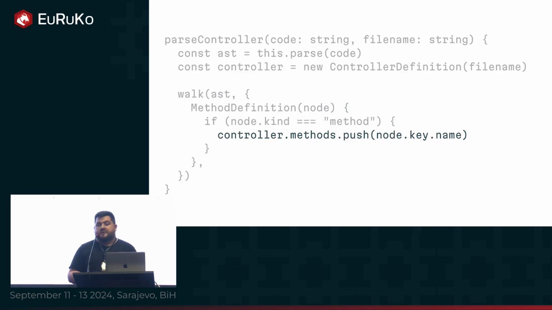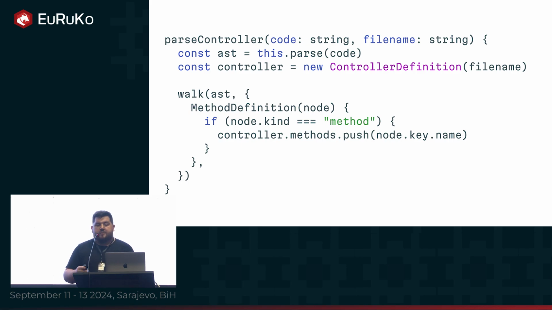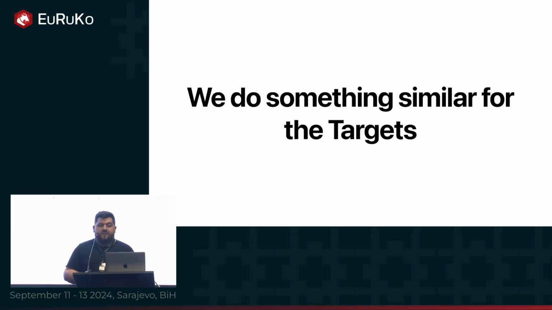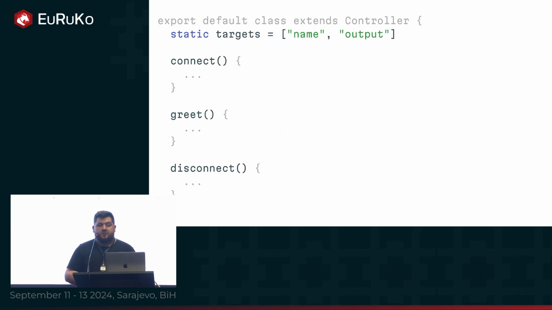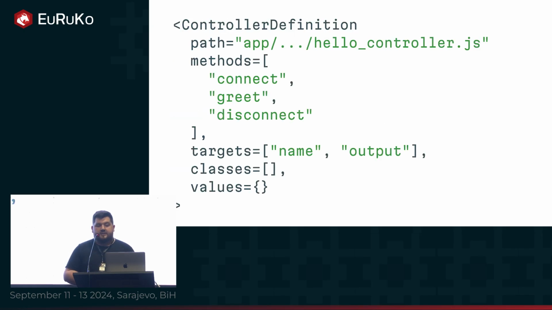And wherever we find one of these definitions, we take the name of that and push it into our controller methods array. And with that, we have pretty much parsed all the actions in our controller. We used something very similar for our targets. And what we get for this controller then is an instance that looks like this, where we have the path, the methods, the targets, and so on.